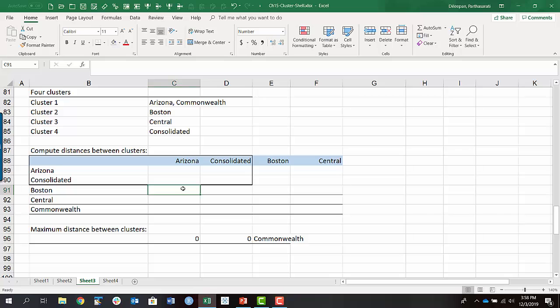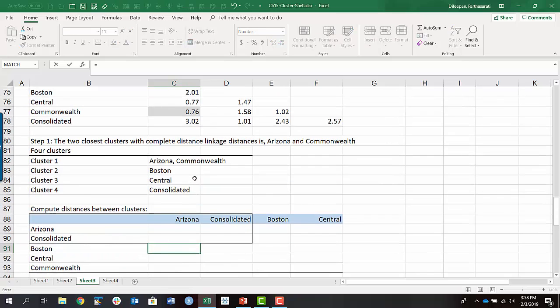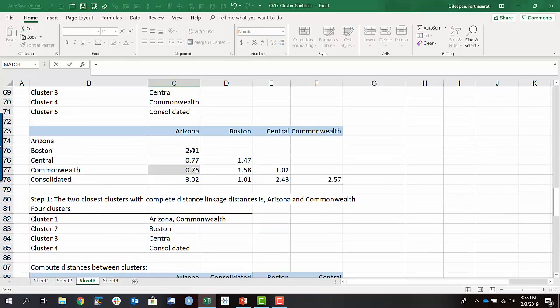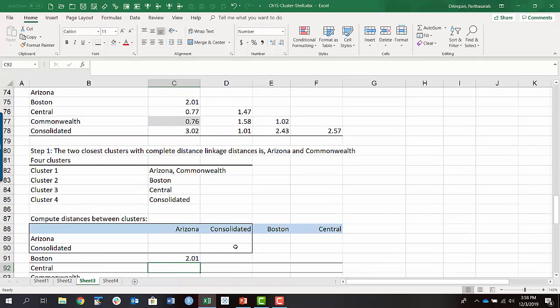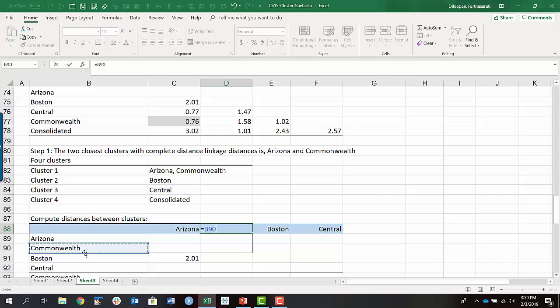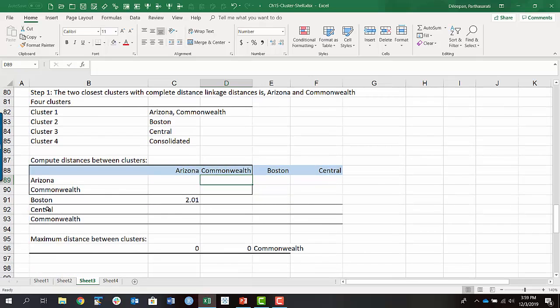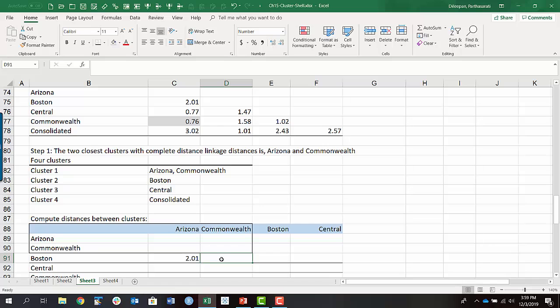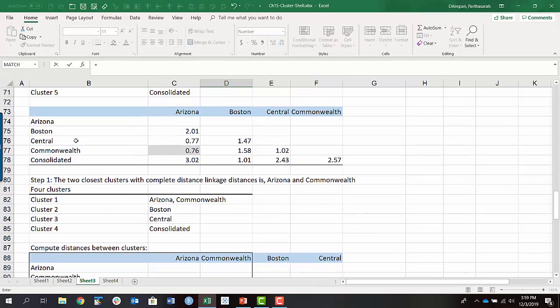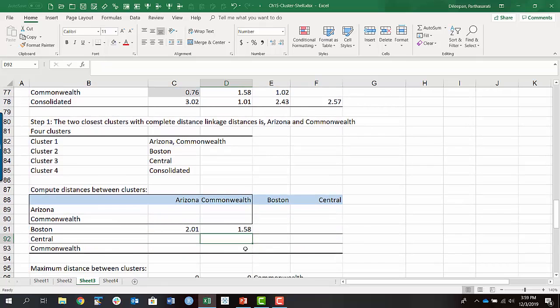So now we have Boston to Arizona, and then we have, so this should be Commonwealth. So and then we need Boston to Commonwealth, right?